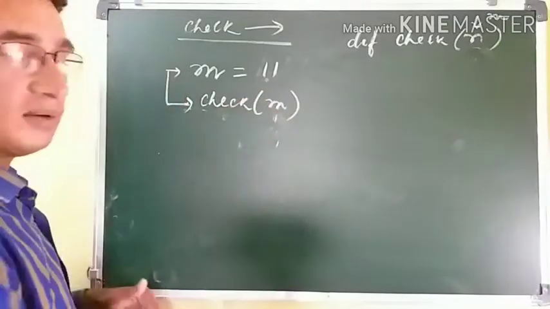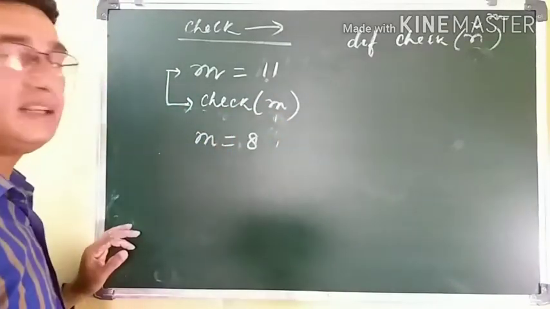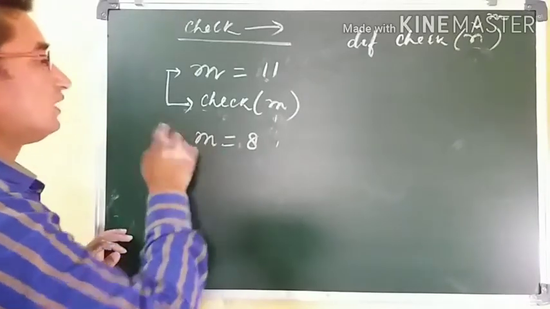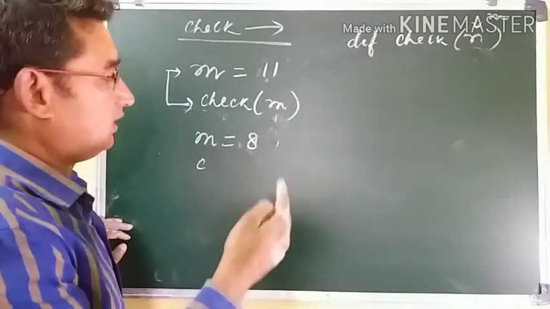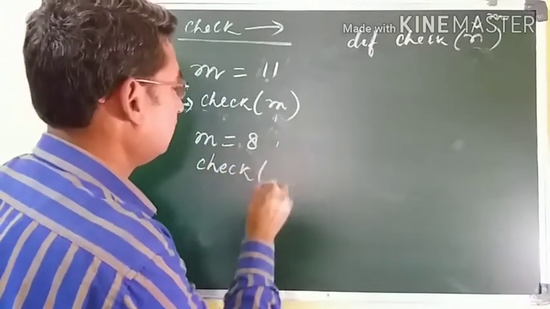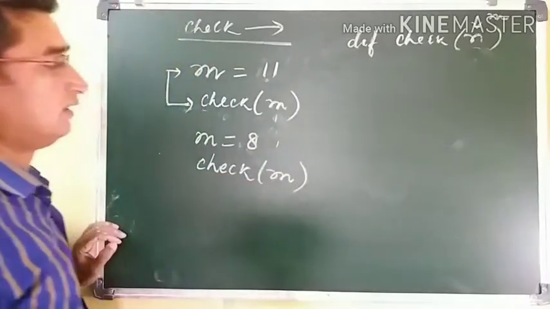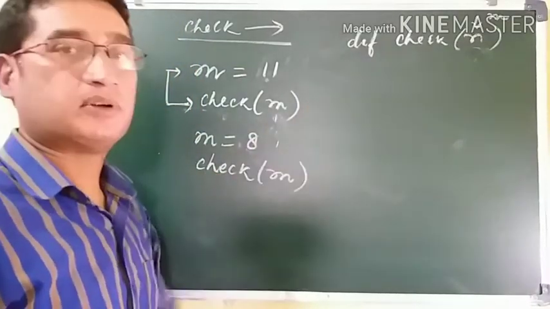Suppose in this same program you have m and you are assigning 8 here. Again you want to check whether this 8 is a prime number or not. Then again you can call this function and provide this number. Then this function will check whether 8 is a prime number or not.